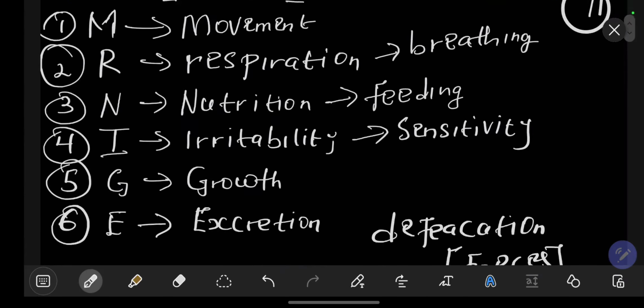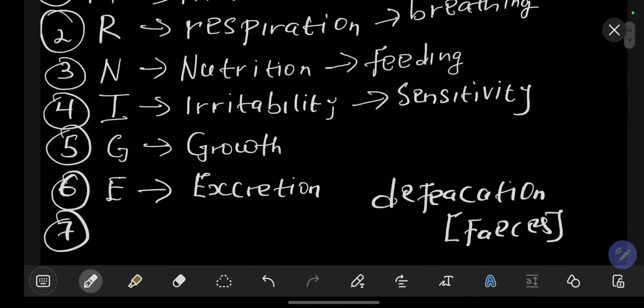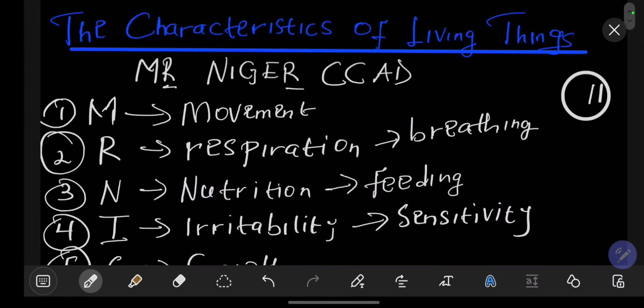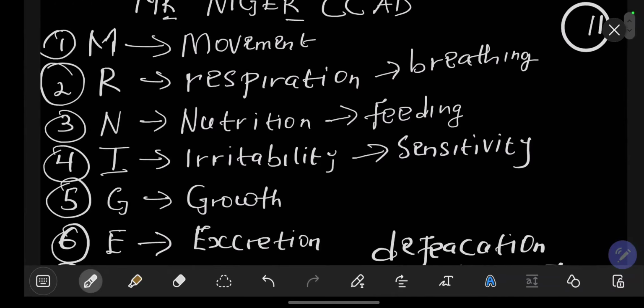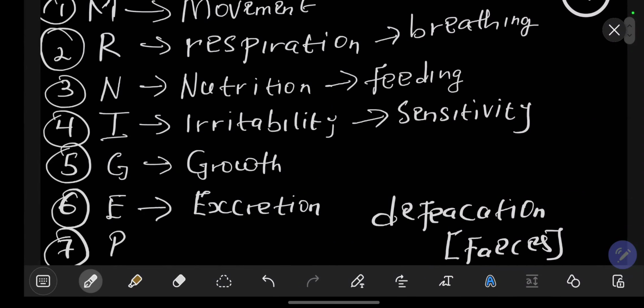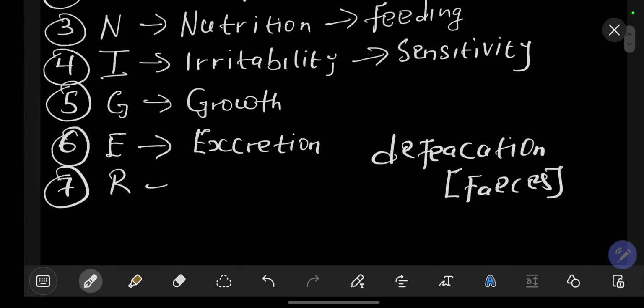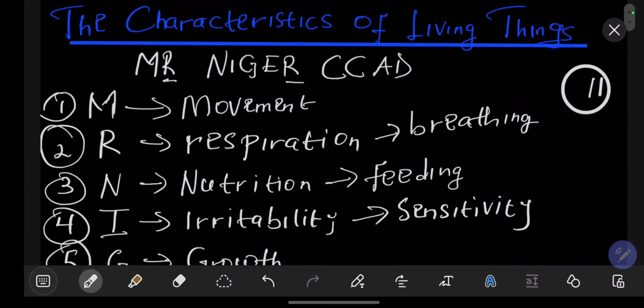Now the next seventh one is, sorry, before that actually we have R. This is the second R, and this R stands for reproduction. Now reproduction is defined as the ability of living organisms to replicate.